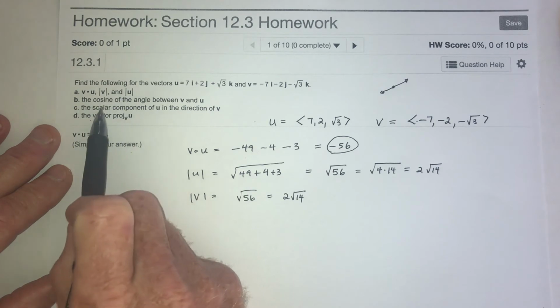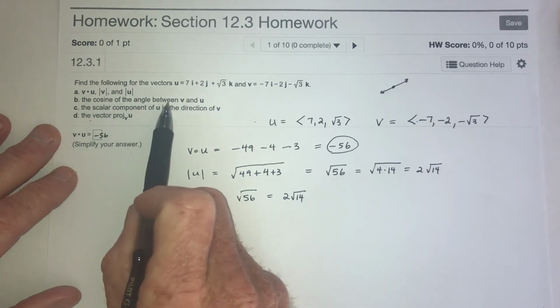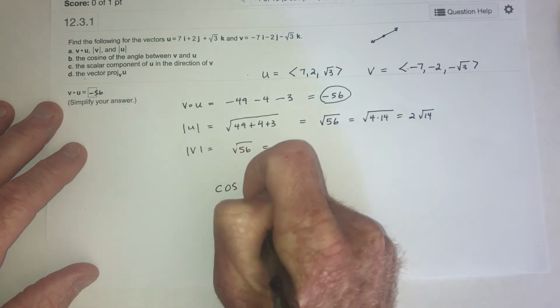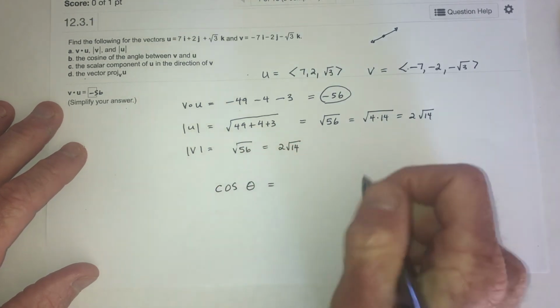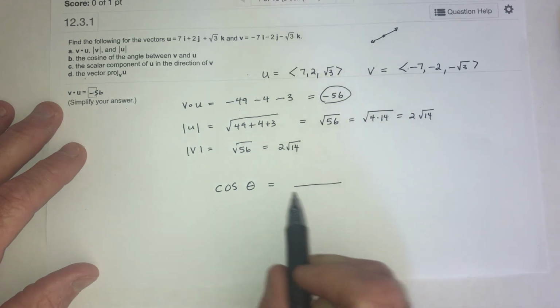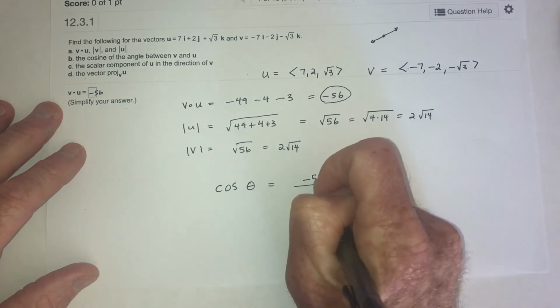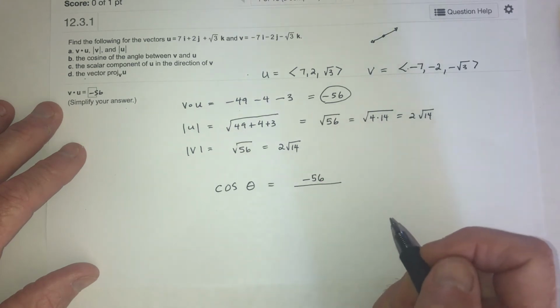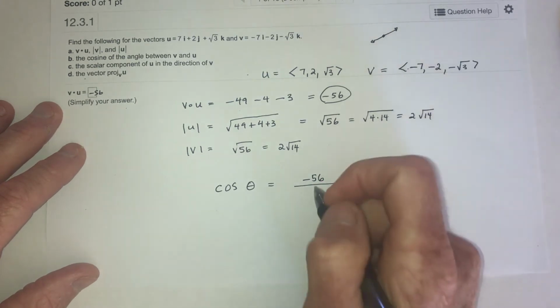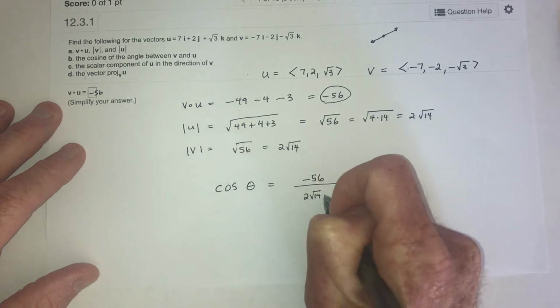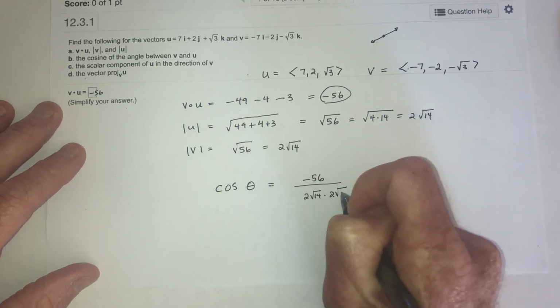That's part A. Find cosine of the angle between them. All right, so cosine of the angle between them will equal, on the top, you do the dot product. That was this part. And then you need to divide by each length. So that would be 2 radical 14 times another 2 radical 14.